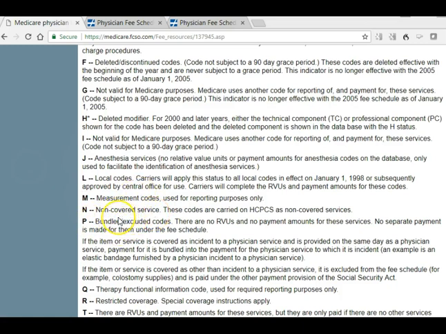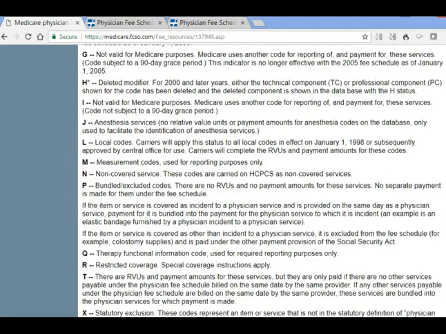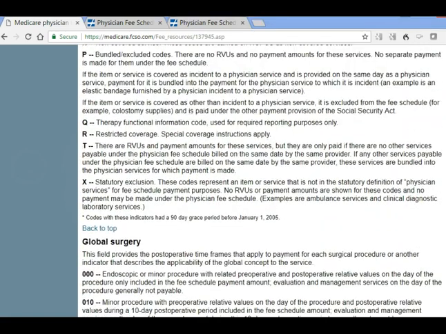P is bundled or excluded codes again. Scrolling down a bit more. All right, and our last few are Q for therapy. R is restricted coverage.